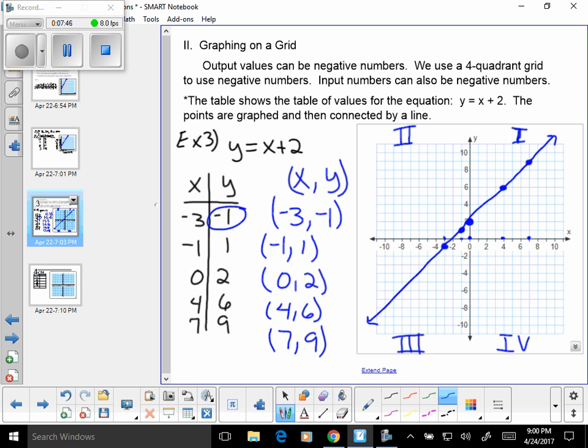I go through a whole grid. I want to make sure that I'm showing you that you can extend that line even to values that aren't shown on the Cartesian coordinate grid, or on the coordinate grid or 4-quadrant grid. How about it? You want to try one for yourself?